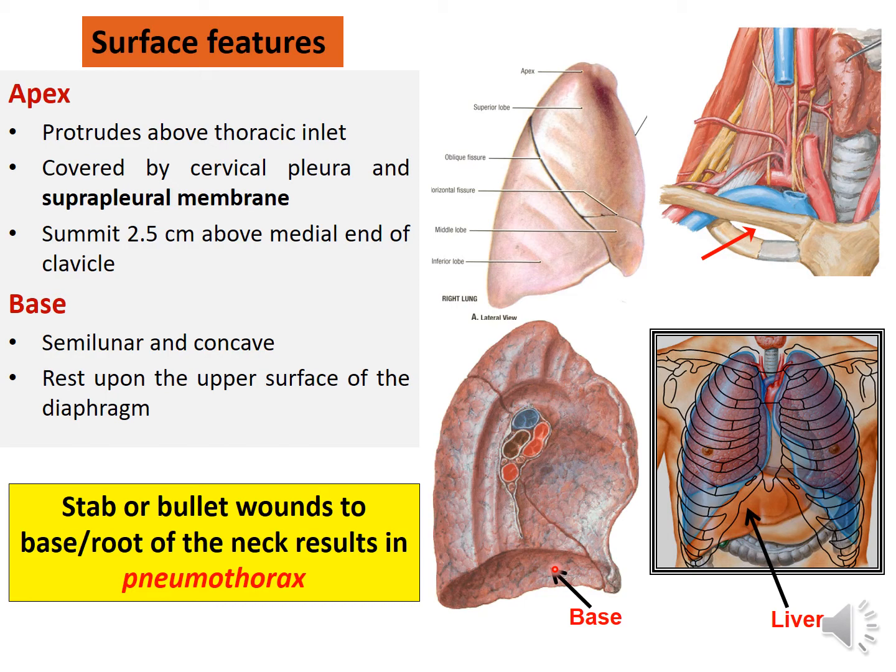All of you think that the lungs are situated completely in the thoracic cage, but now at least you should remember that the apex is protruding into the root of the neck. Since it is protruding into the root of the neck, if there is any stab or bullet wound at the root of the neck, that leads to pneumothorax due to damage of the cervical pleura.